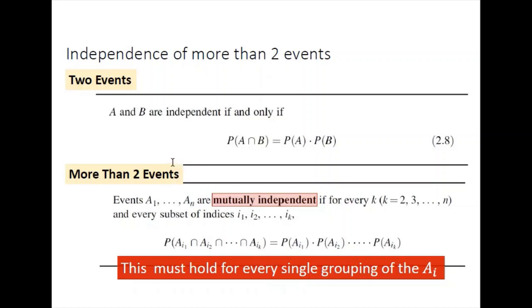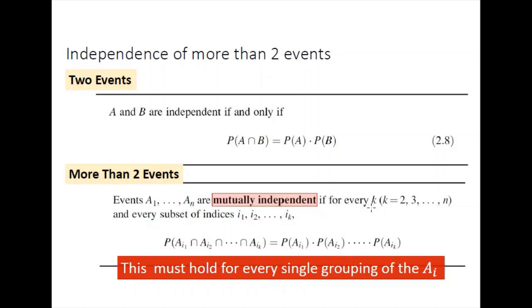For more than two events, look at this definition. Events are mutually independent if the probability of the intersection of any subset of them is equal to the product of the individual probabilities.